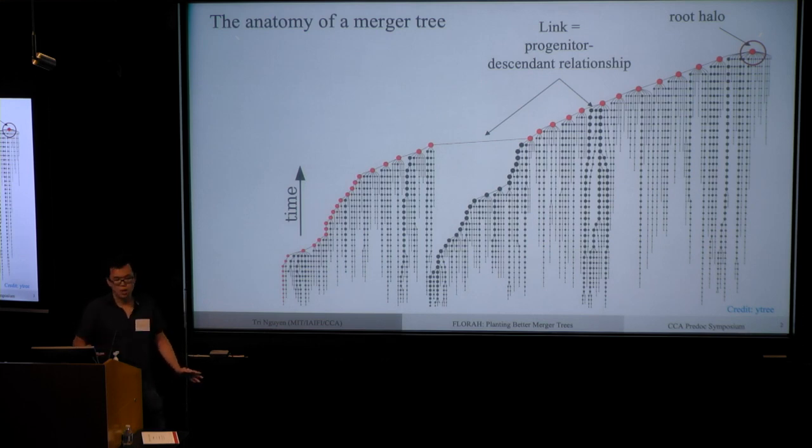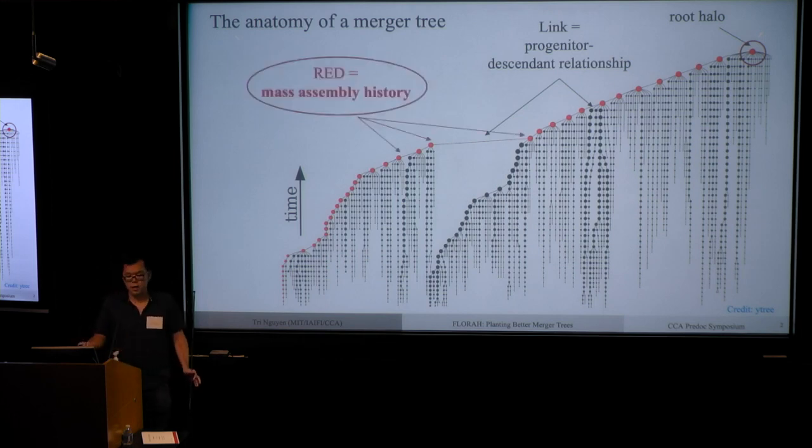For example, when the Milky Way is actively accreting satellite galaxies such as the LMC, there will be a link between the LMC and the Milky Way. What is most important for my talk is what's called the mass assembly history, or the main progenitor branch of merger trees. The mass assembly history keeps track of the most massive progenitors of the merger tree, and therefore has the most significant effect on the formation of galaxies.